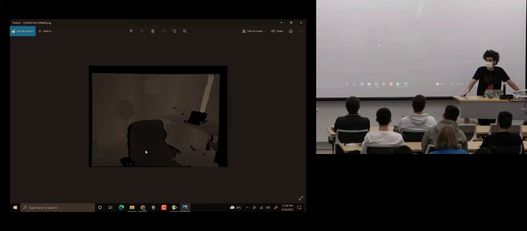Is this perfect? Can you see? It's hard to see in class, I think, because of the light. But this is far from perfect because some of the pixels are missing.